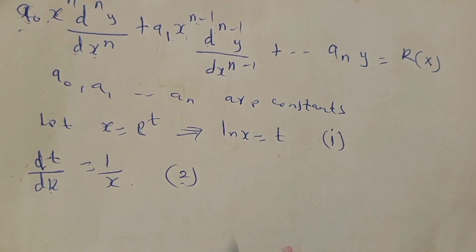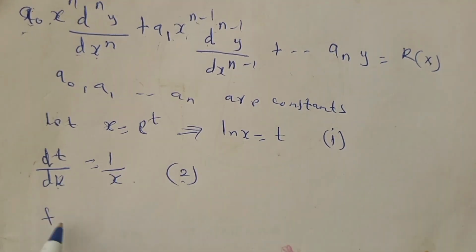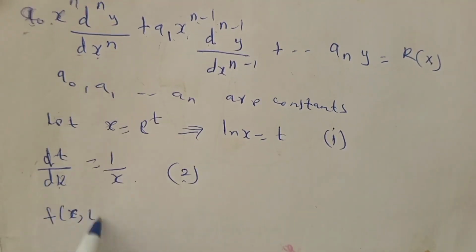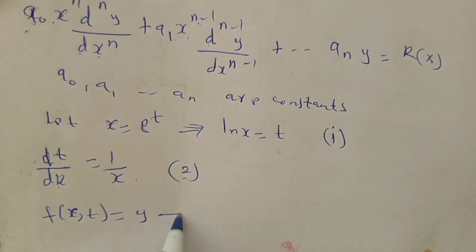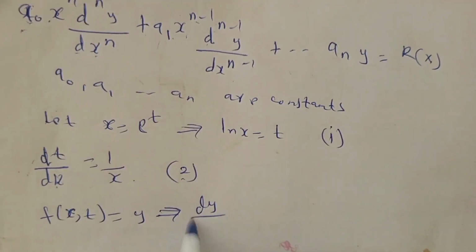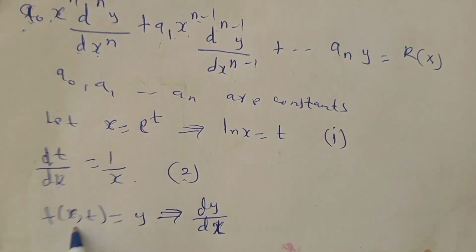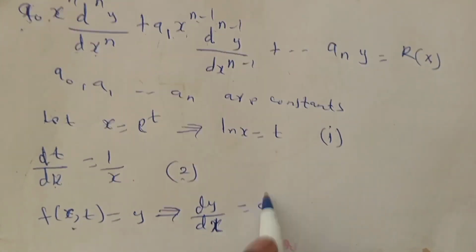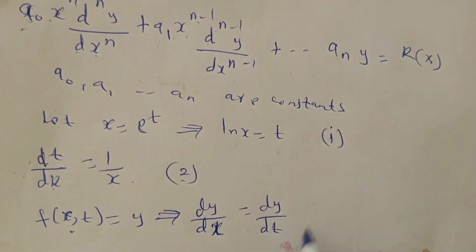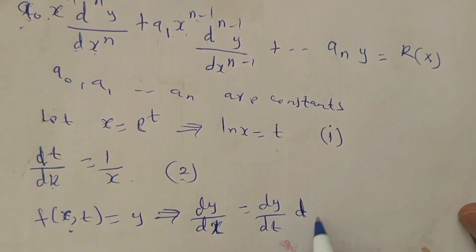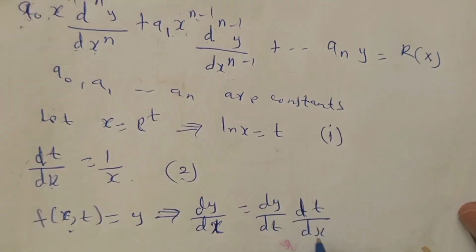Which means that if you are given a function of t, which is equal to y, it follows that dy over dx, we differentiate this by chain rule, will be given by dy over dt multiplied by dt over dx.